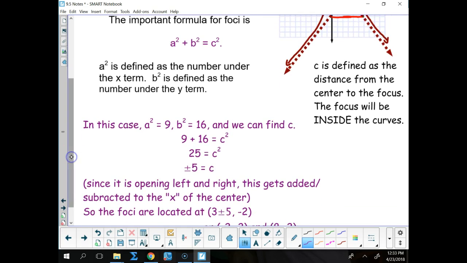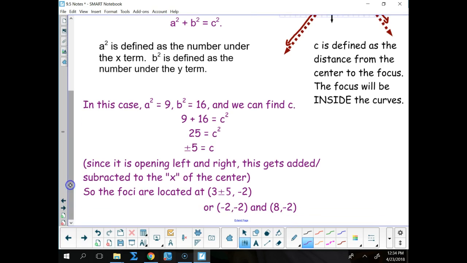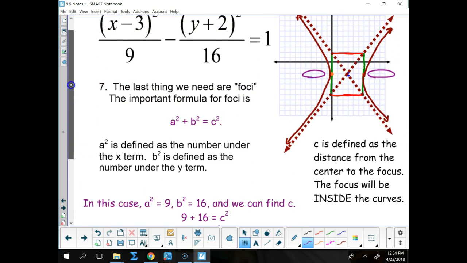So since it's opening left and right, that gets added and subtracted to the x part of the center. So the foci are at 3 plus or minus 5, comma, negative 2. Or, because we can actually do that math, the foci have a distance of 5.